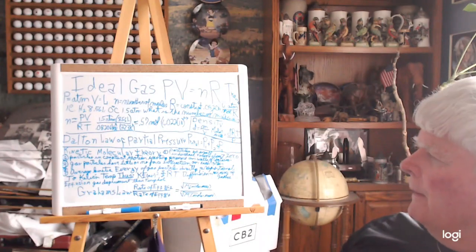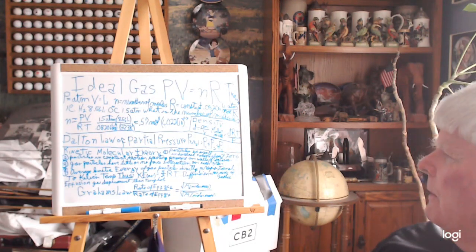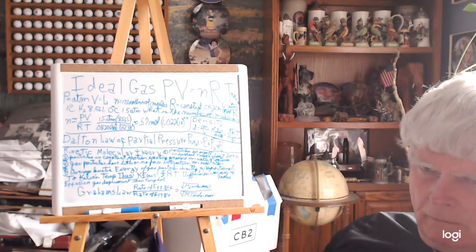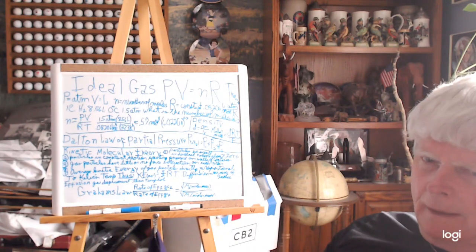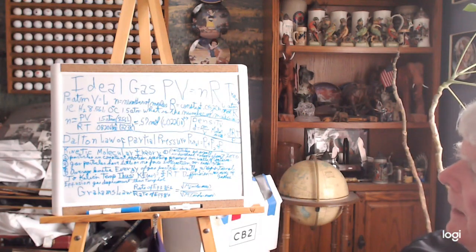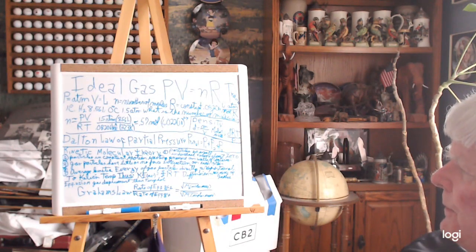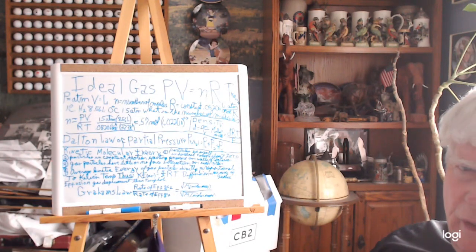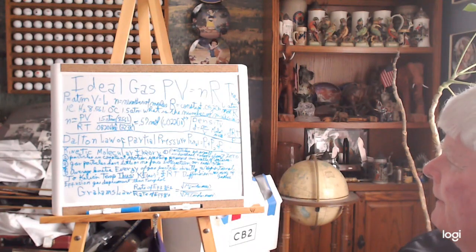And fourth, the average kinetic energy of a gas particle is directly proportional to the Kelvin temperature. Directly proportional to the Kelvin temperature. Thus, average kinetic energy is 3/2 times the universal gas constant, 0.08206 liter atmospheres divided by moles Kelvin, times temperature. That is the basic theory for average kinetic energy of gases.